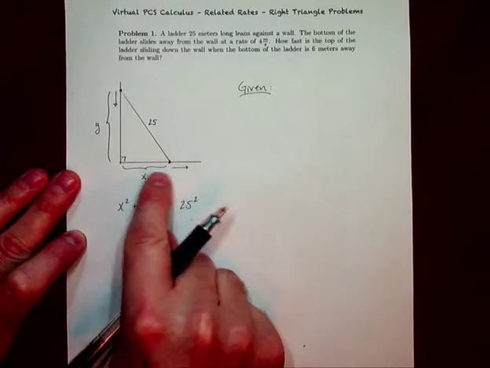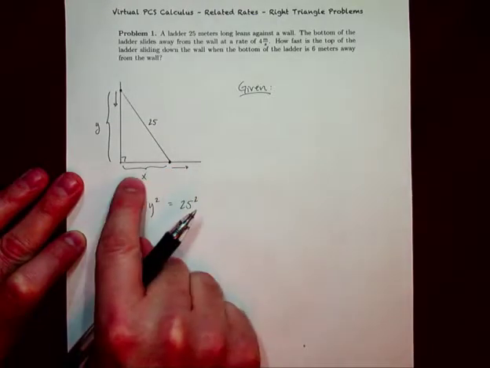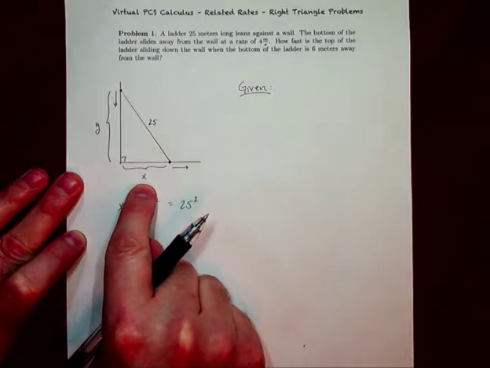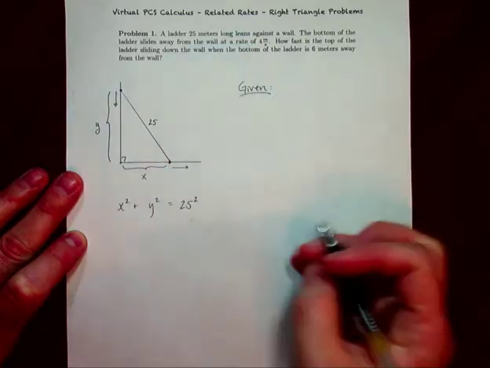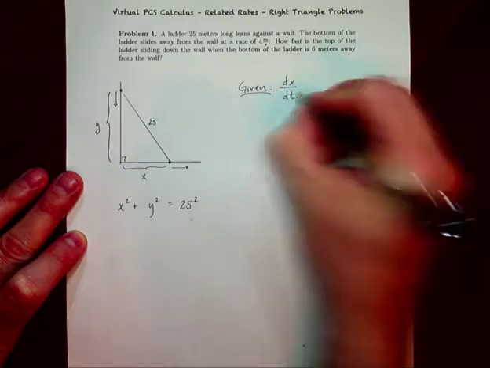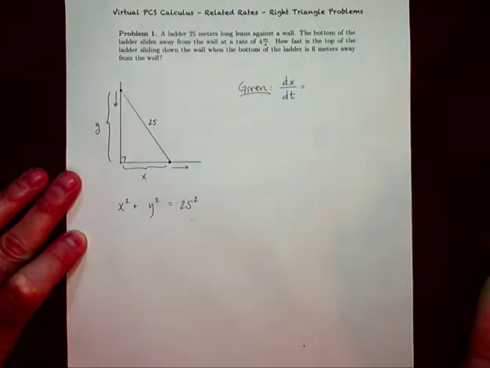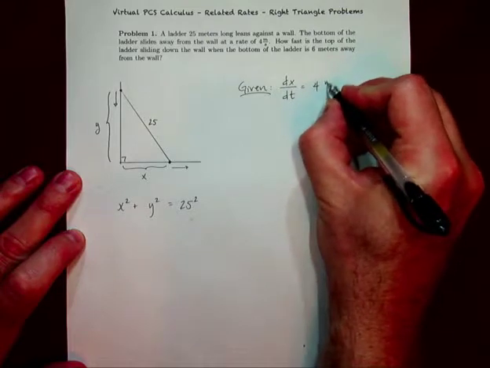Now, as the bottom of the ladder is sliding away from the wall, that is changing the magnitude of x. So what they're giving us here is the rate of change of x with respect to time. So they're giving us dx/dt, and they're giving it to us as 4 meters per second.